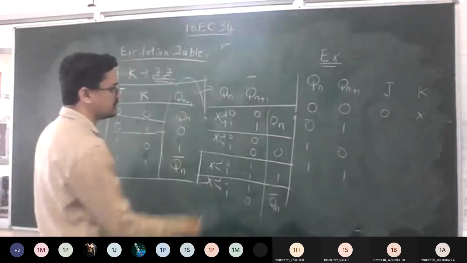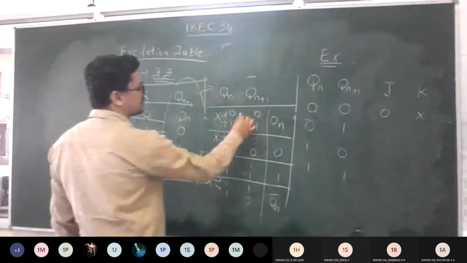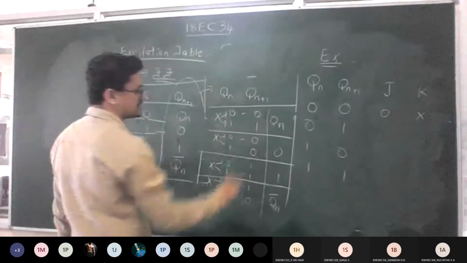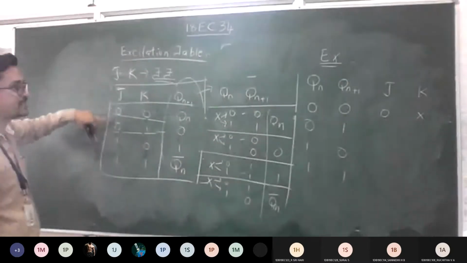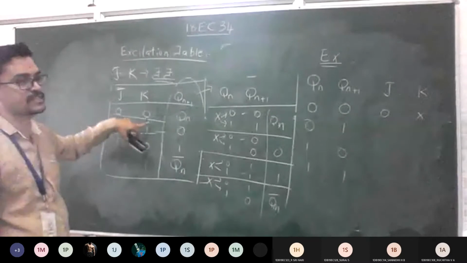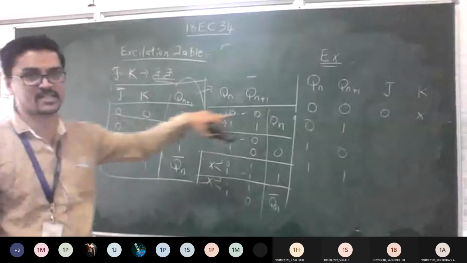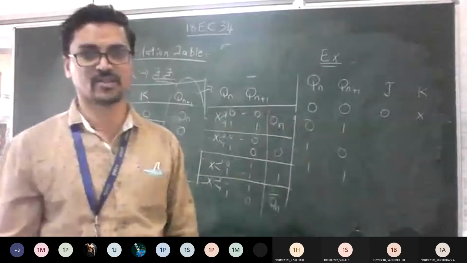How many zeros are there? This is the first combination, second combination. So if you look at this, 0 and this is X. That is why it is X.